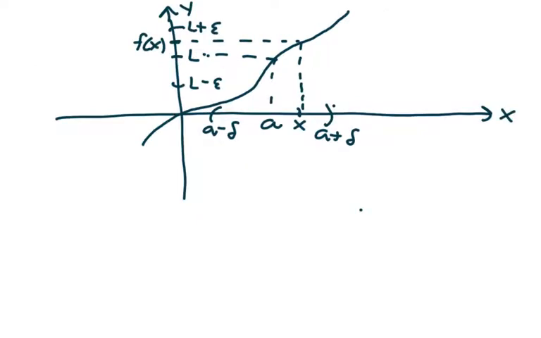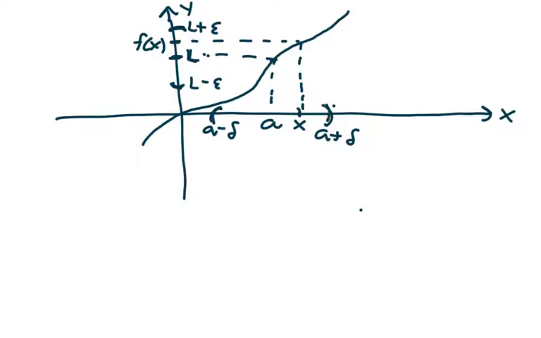And so I want to show you graphically what we're doing. Here's L, and we're given some epsilon neighborhood around L. What that says is, given any epsilon greater than 0, so given any epsilon neighborhood around L, I can find a delta neighborhood around a.